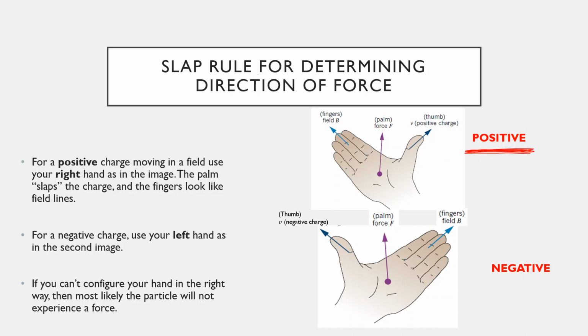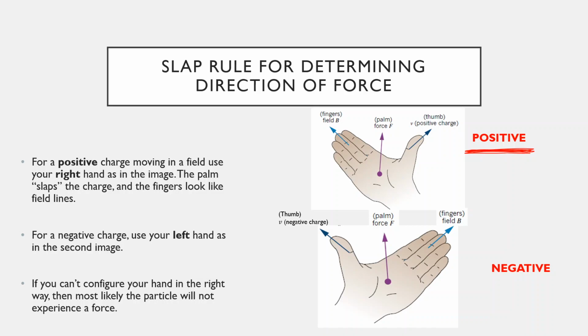Notice that when you open up your hand like that, your thumb and your fingers necessarily have to be perpendicular to each other. So this only works, remember, when charges are moving perpendicular through a magnetic field. With your right hand, that is used for positive charges and conventional current.